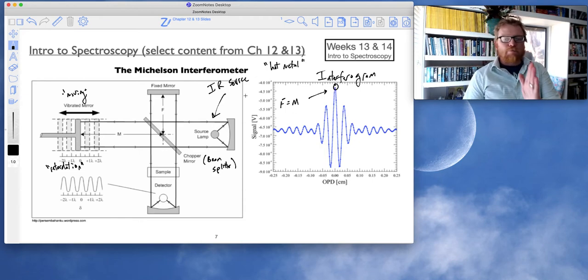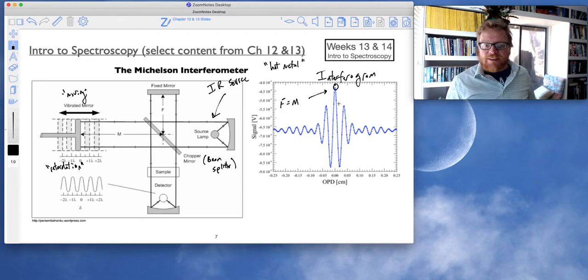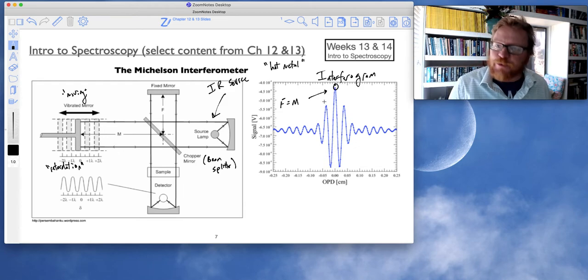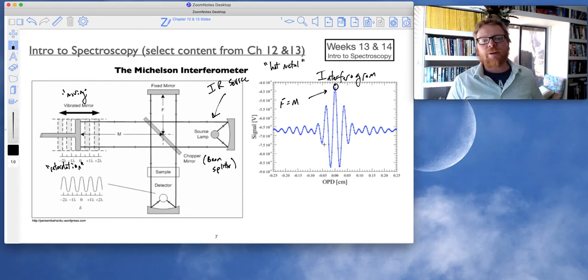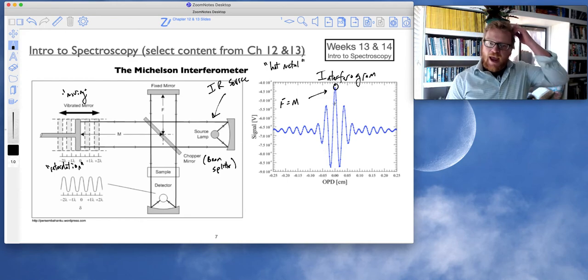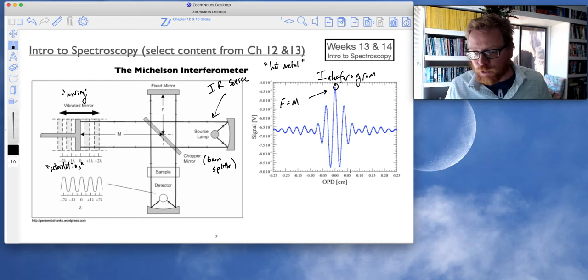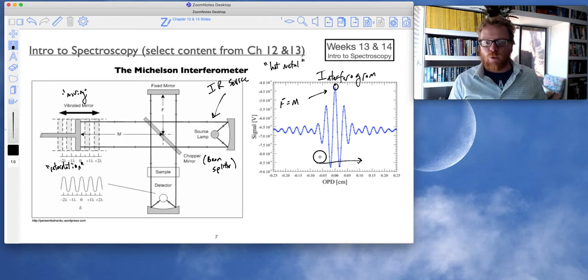And as this mirror moves, you can see there's huge sweeping destructive interference where it goes all the way down, and then constructive interference where it comes back up, and then destructive interference, and so on and so forth. And you also notice that it's symmetrical about the other side of the mirror, right? The mirror is moving back and forth about this center point, okay? So it will be a two-sided interferogram.